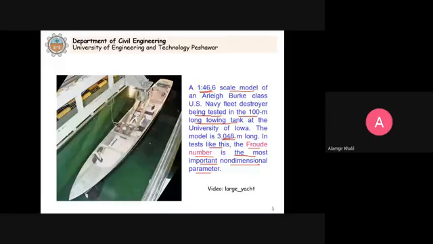So they would like to do the experiments on scaled models, and then they transfer the results to the full scale device, which we call the prototype. So for the prototype, we have the full scale device, the actual structure, and we have the model.